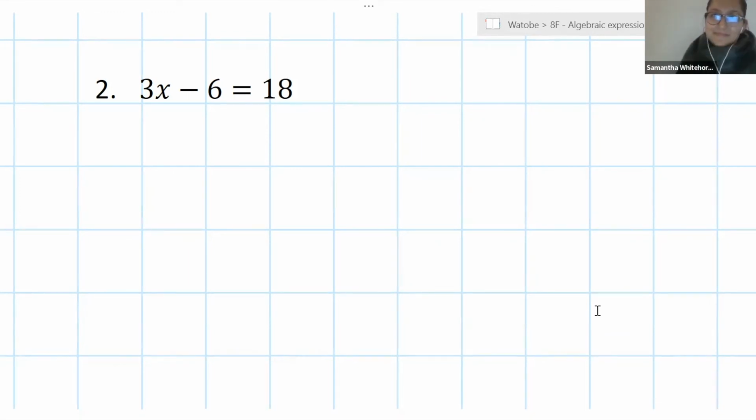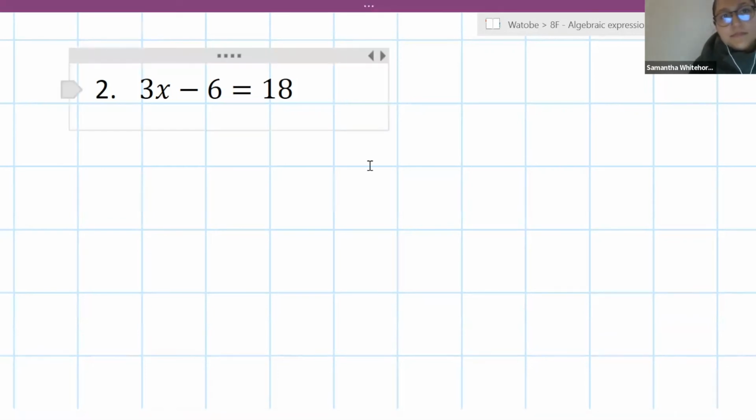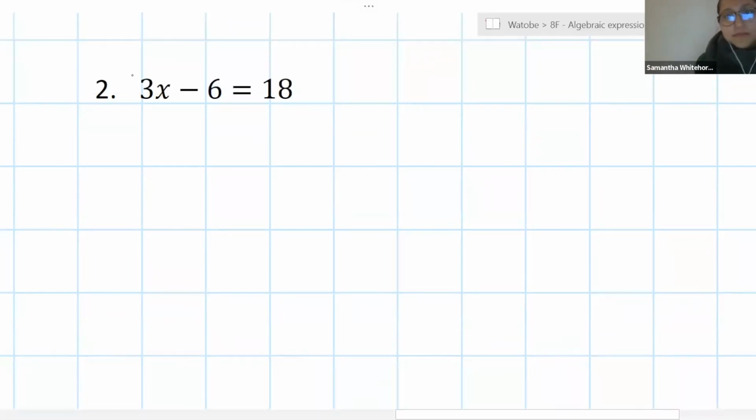So the first step that I did is I took the -6 and I put it by the 18, which changed into a positive 6, which is 18 plus 6. And then it was 3x is equal to 18 plus 6. Then I said 3x is equal to 24.